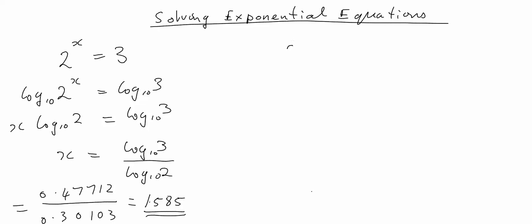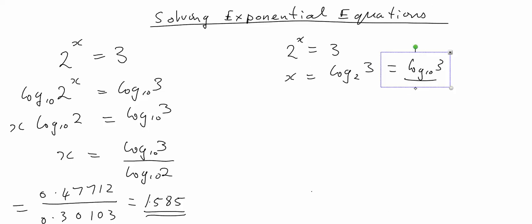Alternatively, I could have written 2 to the power of x equals 3 directly in the logarithmic form, x equals log 3 to base 2, and either look that up directly on the calculator or using the change of base rule, we can write that as log of 3 to base 10 over log of 2 to base 10, which equals 1.585 as before.